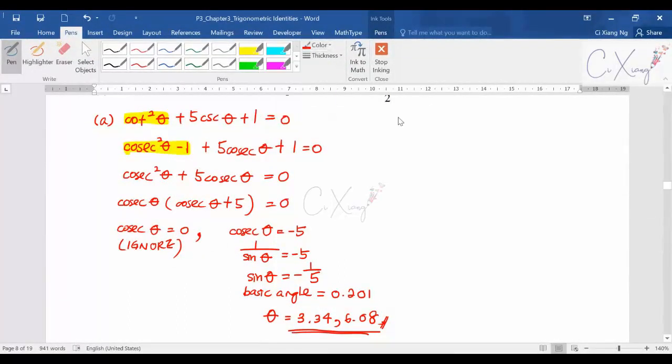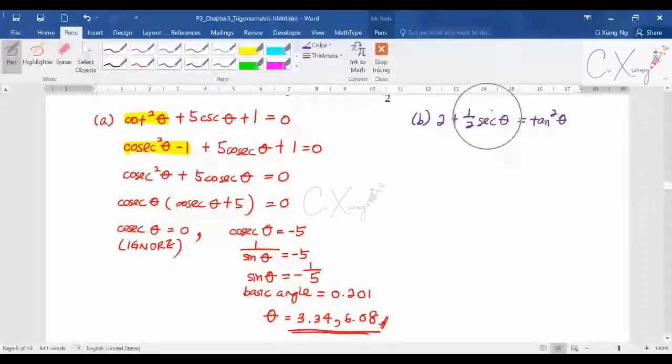After that we go for part B. For part B, again, you're having one equation here, this is the equation given. Again, you're having secant theta and tangent square theta, which means you cannot solve it straight away like this. So you have to think how to change it into one type of trigo.